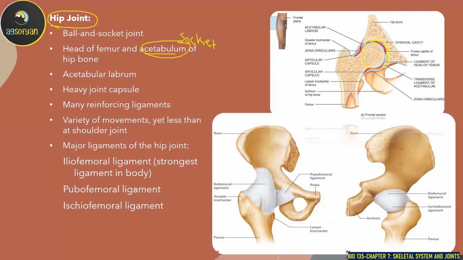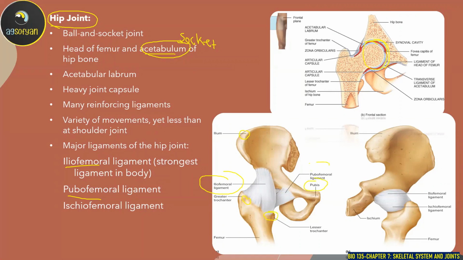The first one is called the iliofemoral ligament. Okay, so this is the iliofemoral ligament, which is between the ilium and the femur. And then the pubofemoral ligament, which is between the pubic bone, the pubis, and the femur.